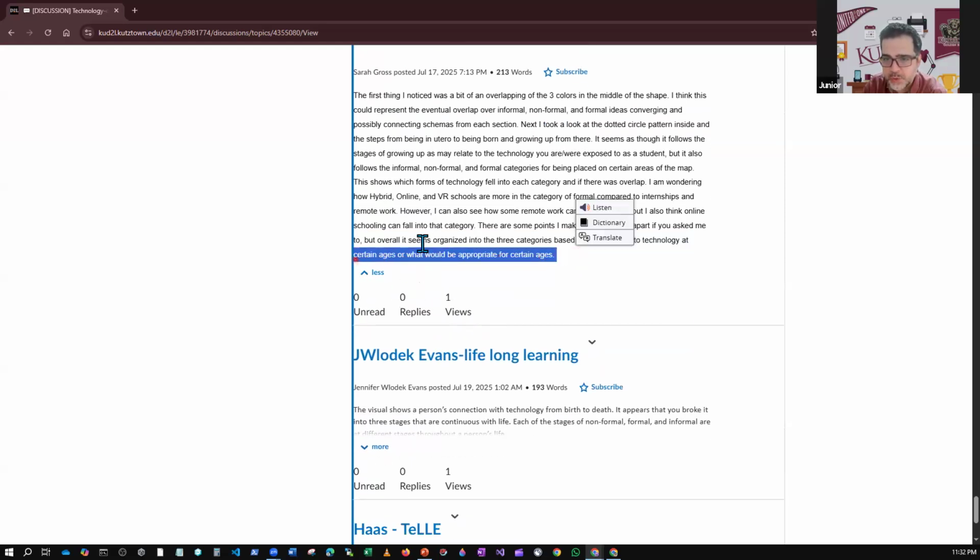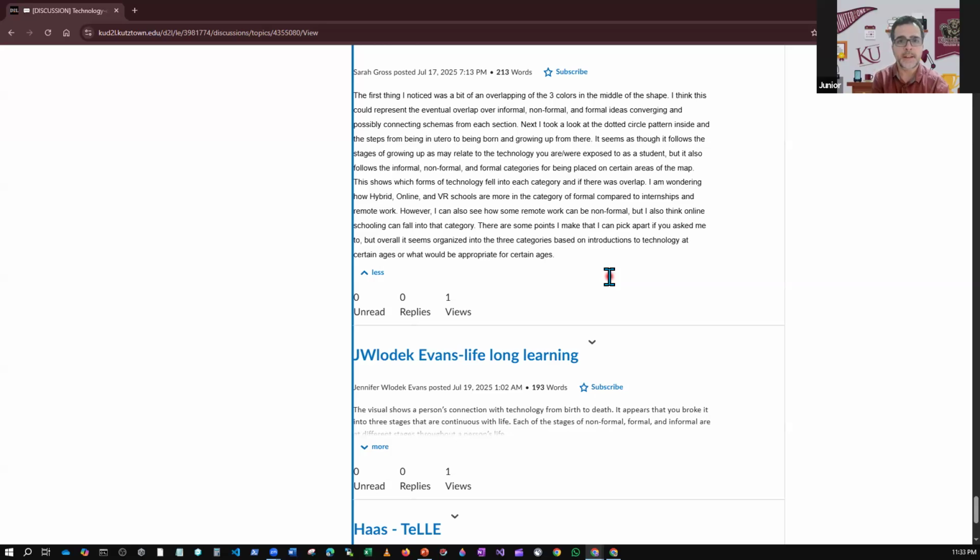However, this could be a nice idea for reorganizing or making a spin-off of this graph, to organize what types of technologies should be introduced at certain stages of one's life and whenever they are in specific learning environments. For example, when they are in formal learning environments, what technology should a person be exploring or getting better at?